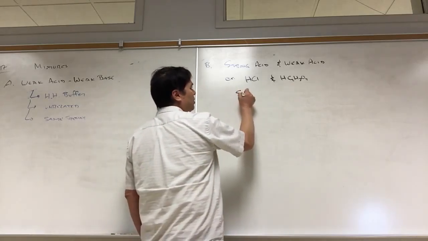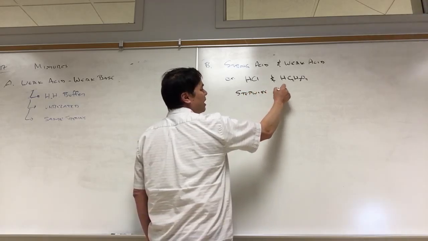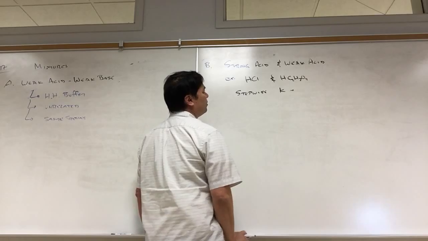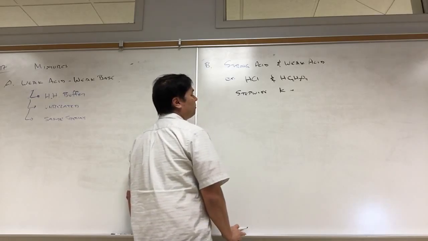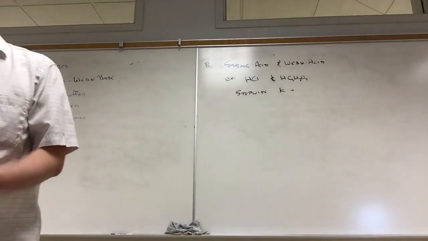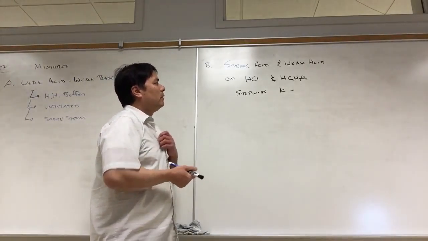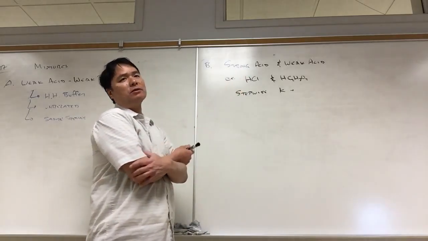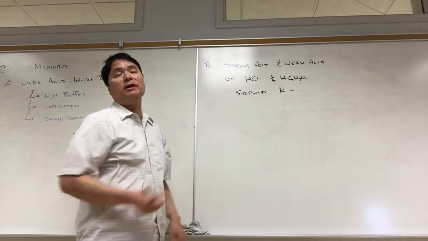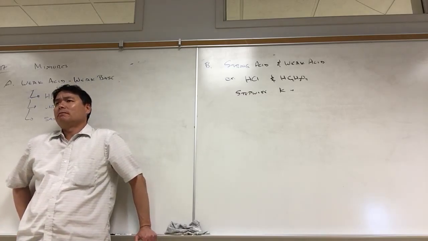And so the typical way we deal with this is stepwise, starting off with the biggest K and then working our way down. It turns out, because of the common ion effect, when we're dealing with pH, these types of mixtures are very similar to polyprotic acids. The most hydronium is going to come from step 1.